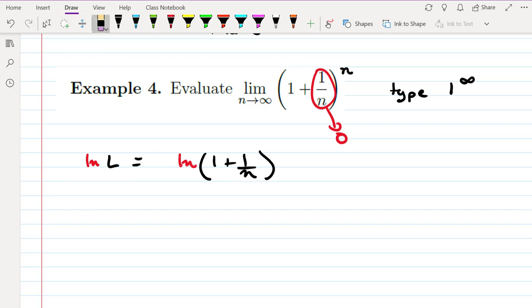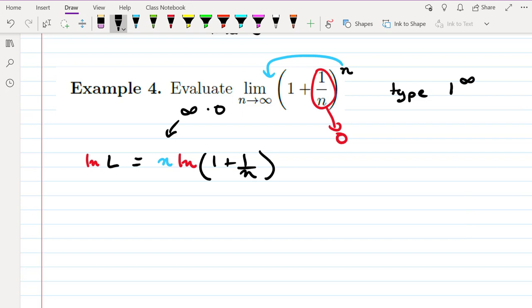So let's go ahead and do this. As n goes to infinity now, we're going to have infinity times 0.